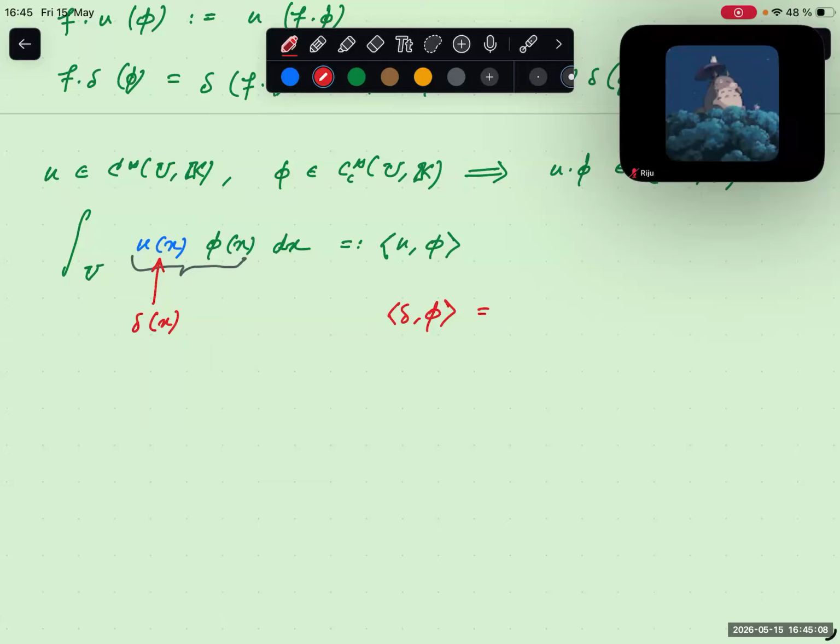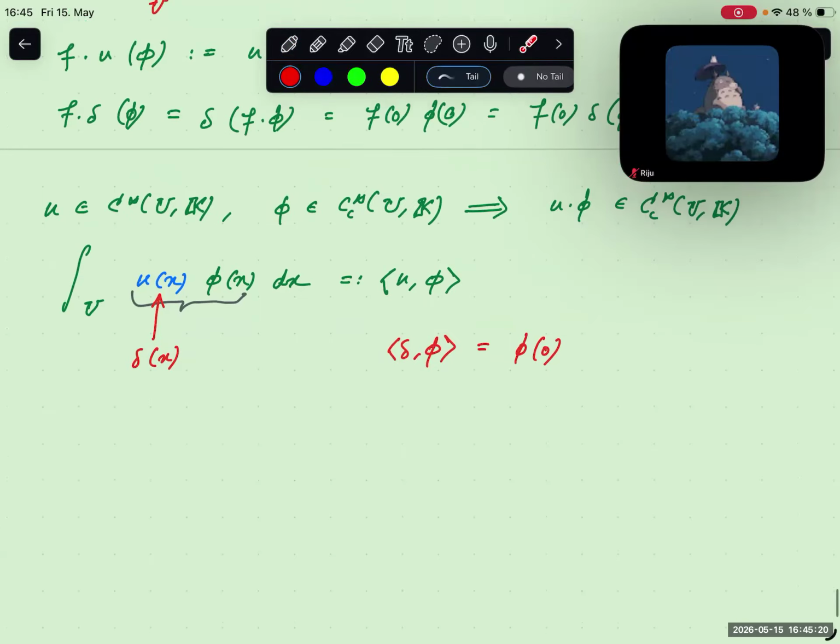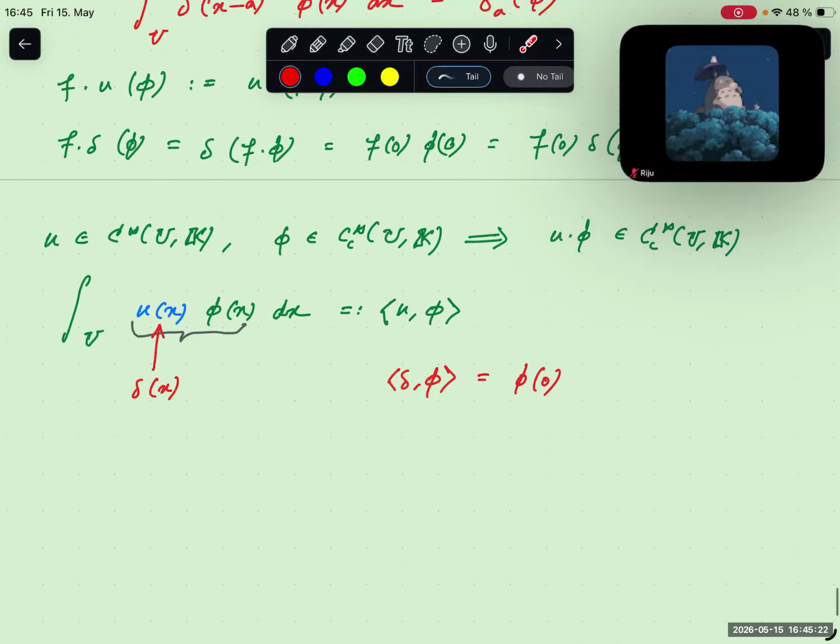And this is phi of 0. So the intuition Dirac had, probably, I haven't talked to Dirac, of course, is that you view this as some sort of generalization of this blue guy. Because you see, now you can consider the blue guy also as a distribution, right?